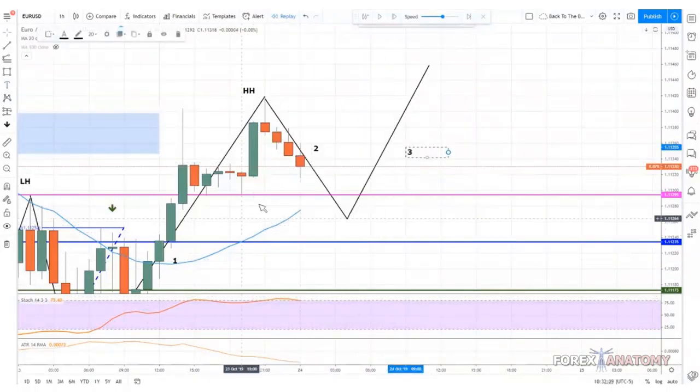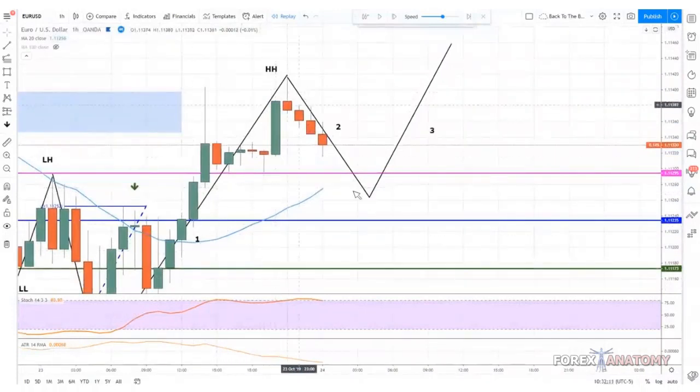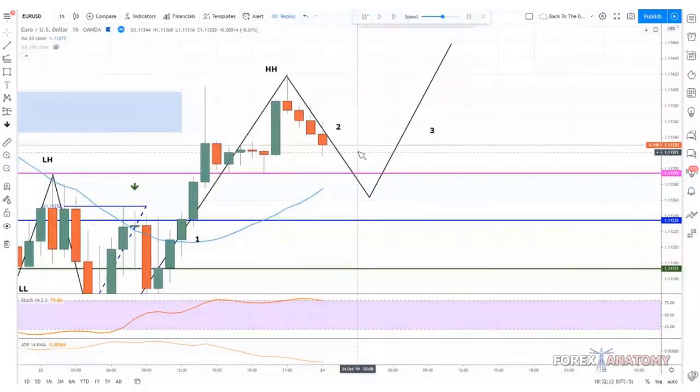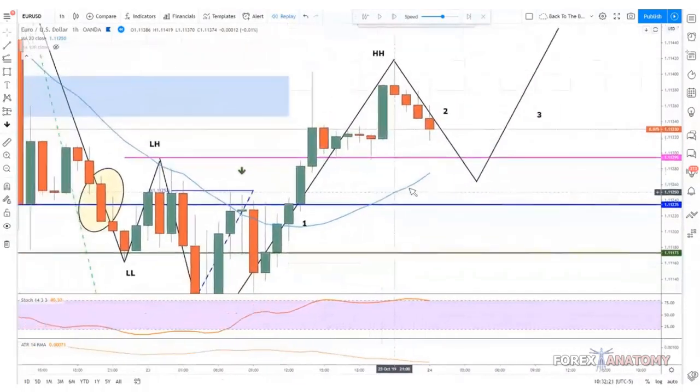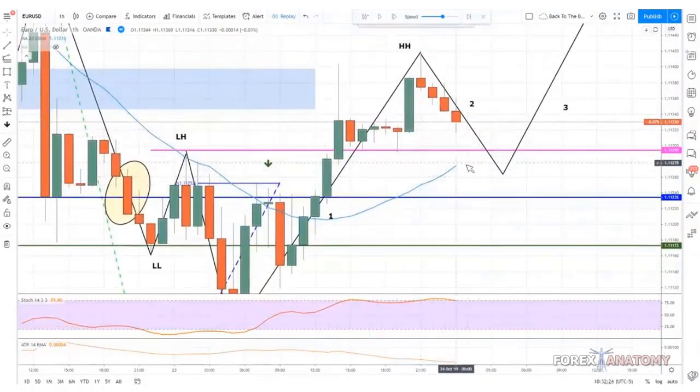So you could wait for a 1, 2, 3 move to know for certain that we're in a bullish market. However, if you wanted to, you could take that risk. And what you could say is that if price does retrace down to this area or zone again, I'm going to look for a buying opportunity, right?